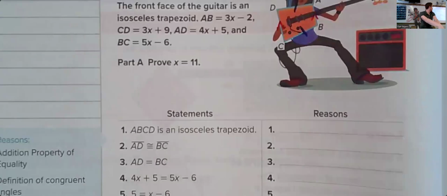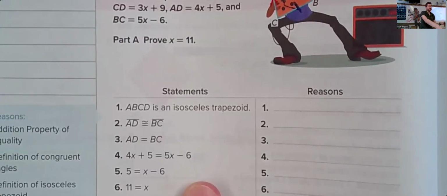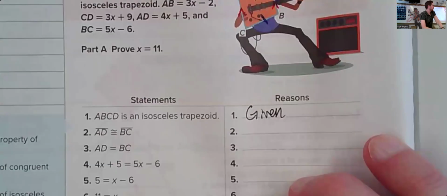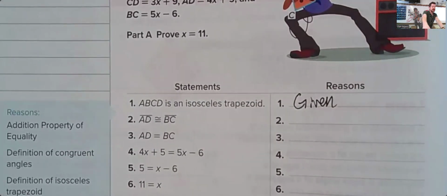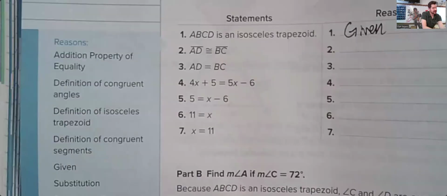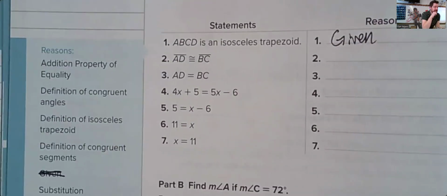And we have ourselves an algebra proof right here that we're going to be filling out. The fact that it's an isosceles trapezoid is given. And then AD being congruent to BC. Take a look at all the reasons off to the side here. These are kind of nice because you always get to choose. We can cross off given. What would be the reasoning for number 2, though?